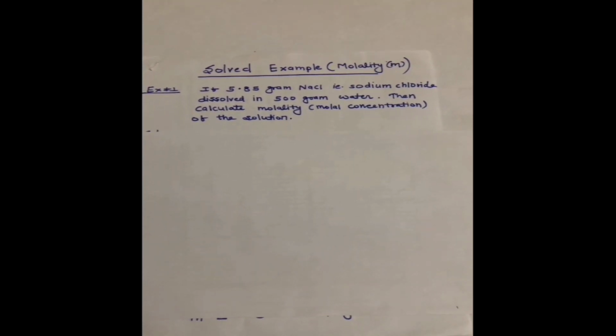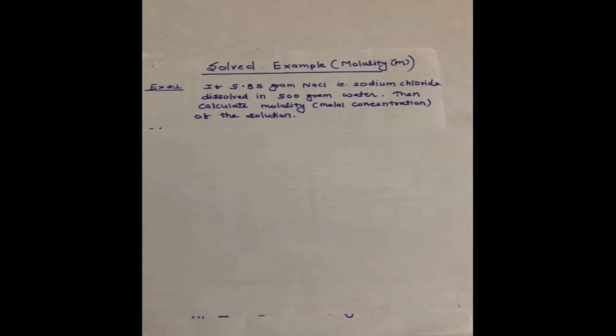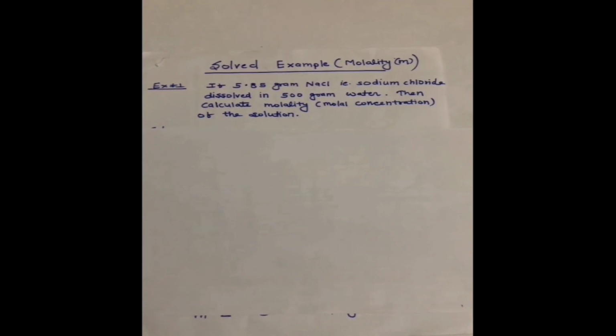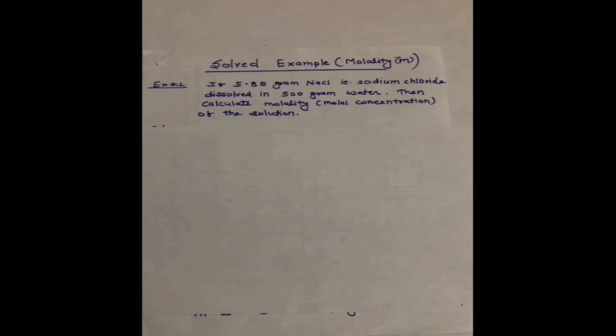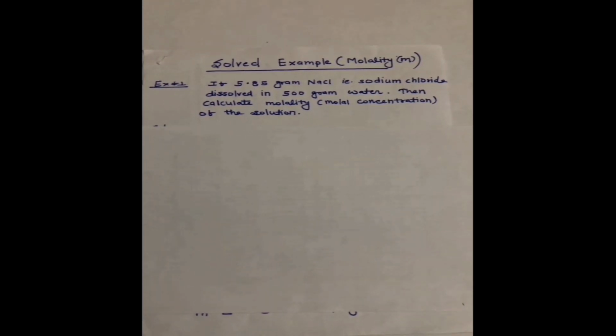So students, in my last video lesson we talked about molality, its definition, unit and expression. And I already told you that in the second chapter molality is a very important part. So today we will talk about how to solve numerical problems based on molality.